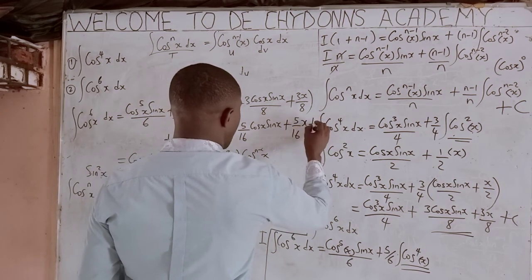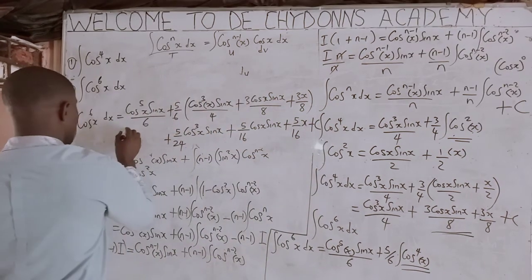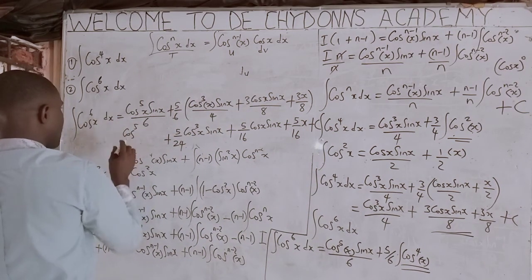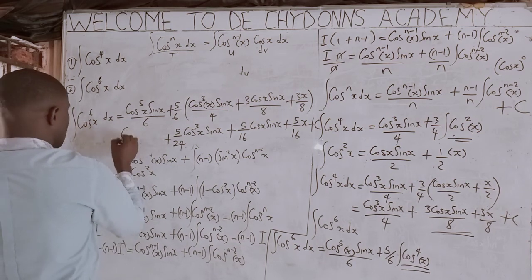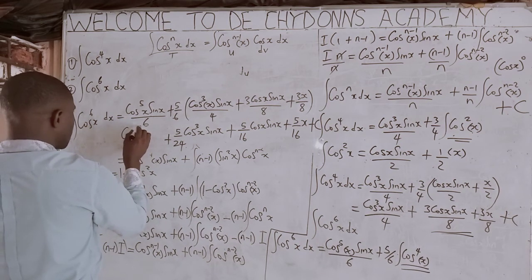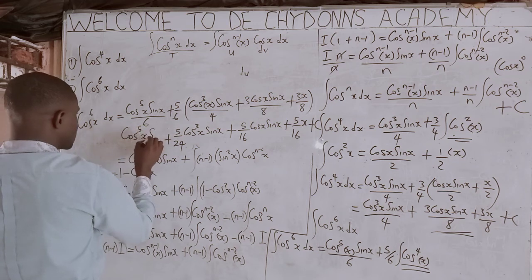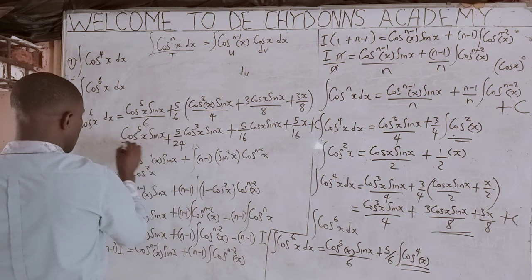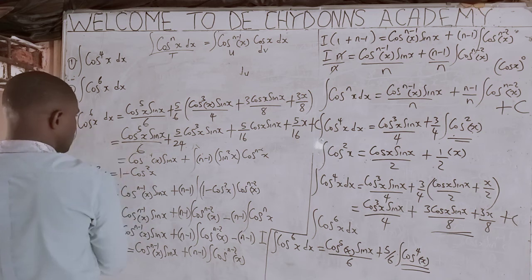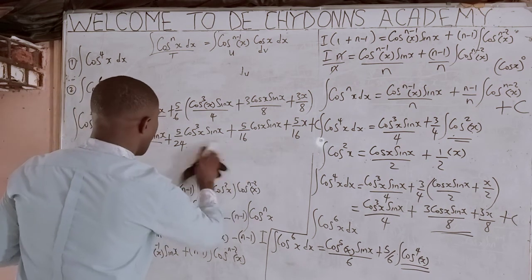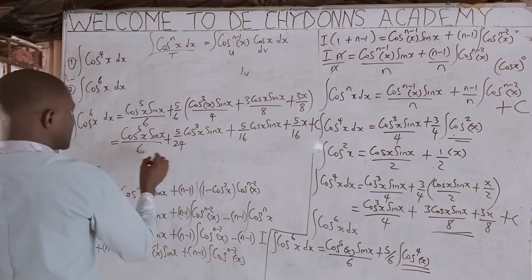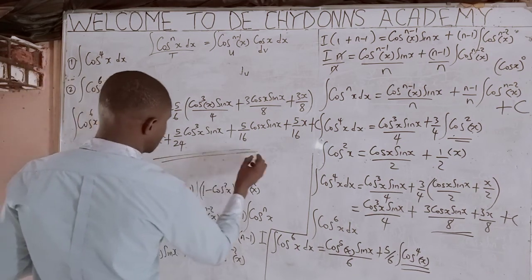Then you attach plus c, then cos^5 x sin x all over 6. So that is the final answer for integration of cos^6 x.